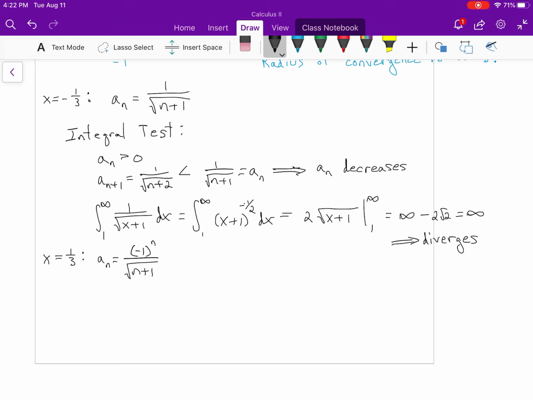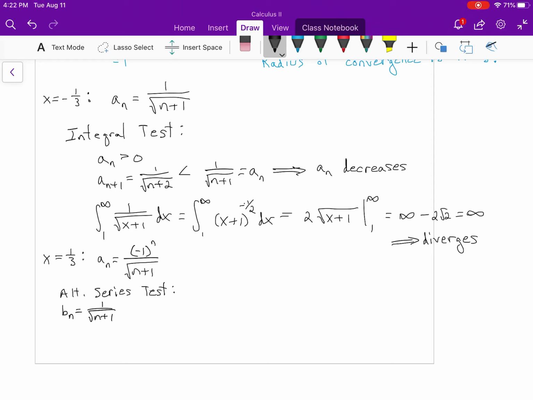And so now we need to investigate this. What you should see in this case is that it's alternating because we have that negative 1 sign there. And so using the alternating series test, we check the requirements. And so we have b_n to be 1 over the square root of n plus 1.